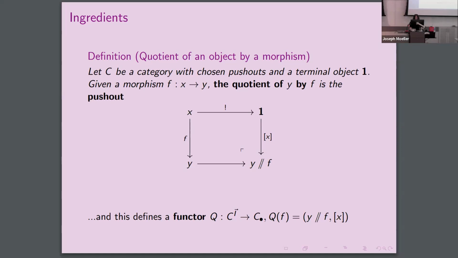And this, under the same hypothesis, defines a functor from the arrow category of C, which is just the category that has morphisms of C as objects and commutative squares as morphisms, to the pointed category of C, which is the co-slice of the terminal object. And this functor basically sends every morphism to this pointed object, pointed with this map, which we call x in square brackets.